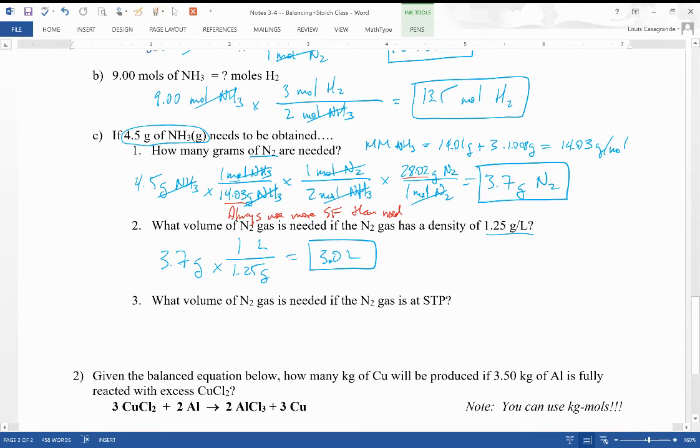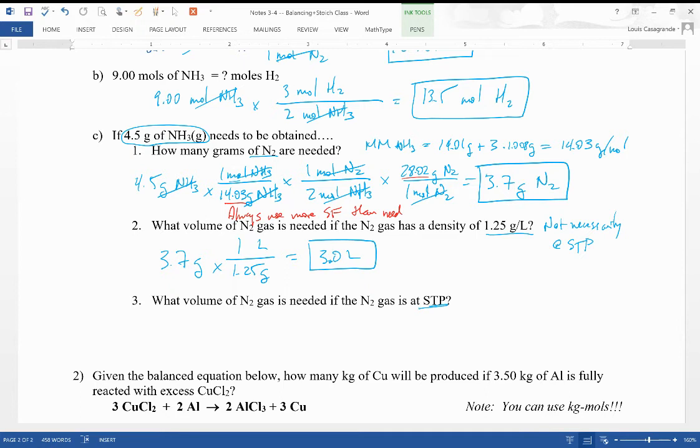For nitrogen gas, if we're at STP, so this would be in number 2, not necessarily at STP. And until we get to gases, this is the only way we're going to give you stoichiometry problems using gases not at STP.